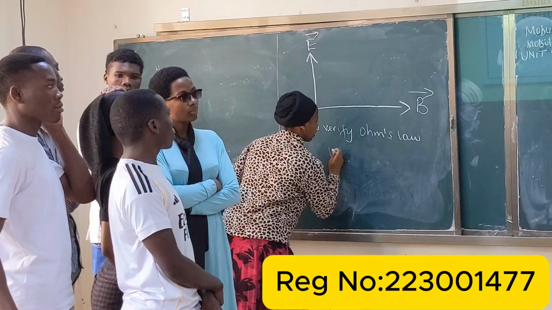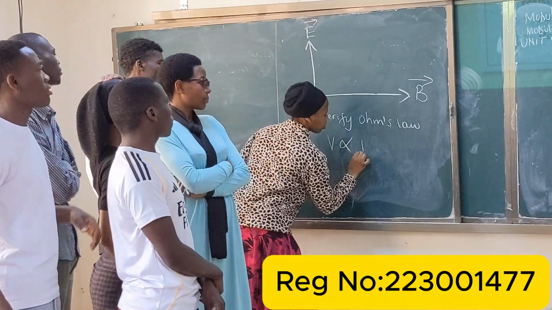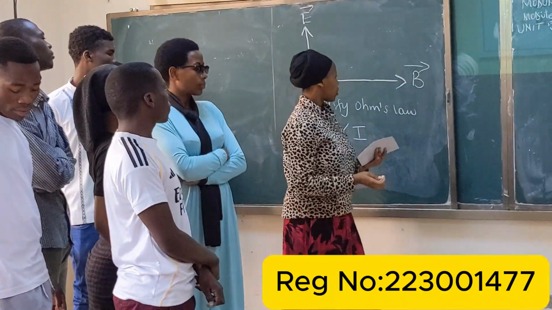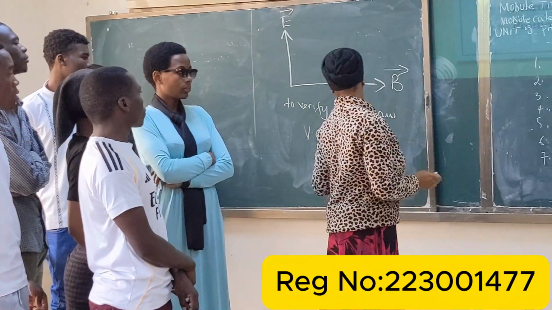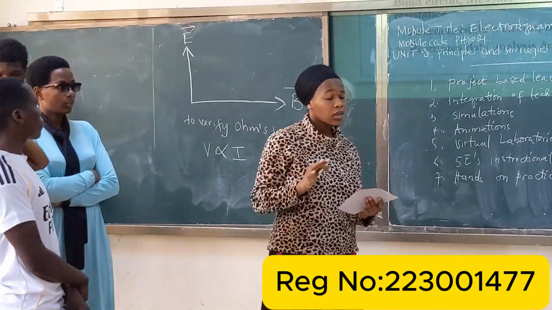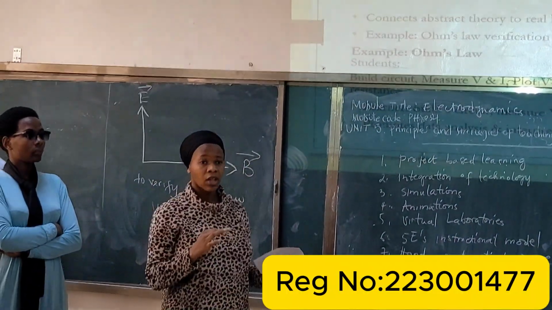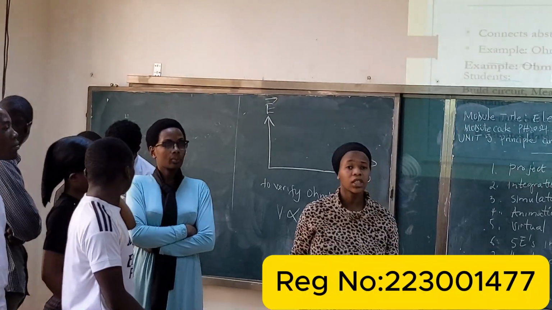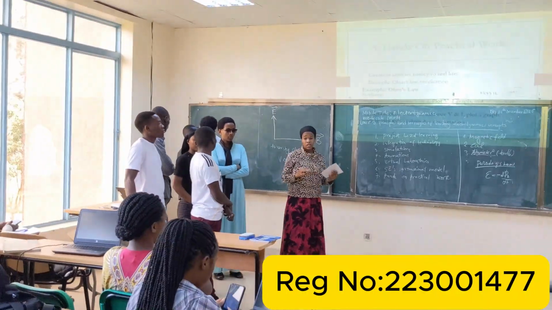Voltage is directly proportional to the current produced by the bulbs from the cells as they are connected in the activities.